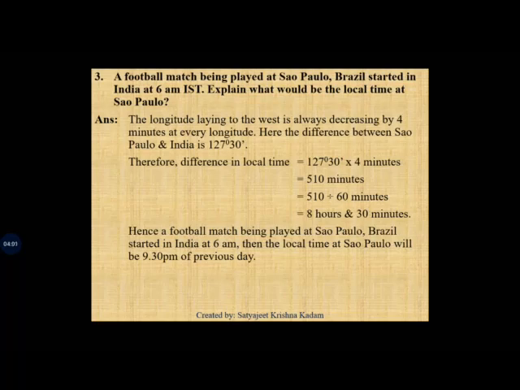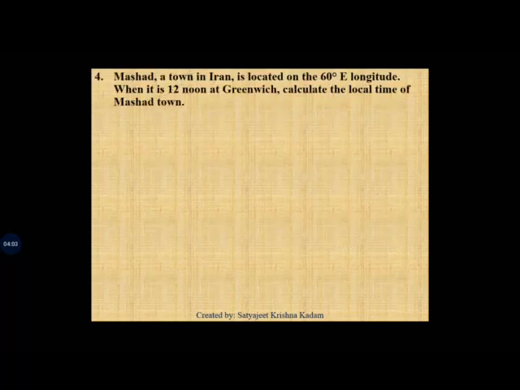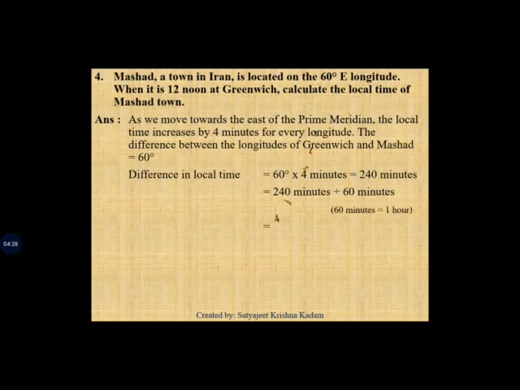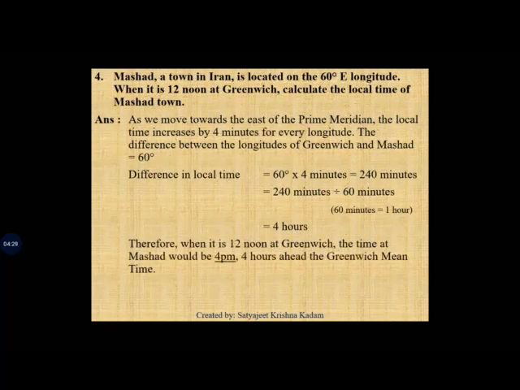Next, Mashhad, a town in Iran, is located on the 60 degree east longitude. When it is 12 noon at Greenwich, calculate the local time of Mashhad town. Answer. As we move towards the east of the prime meridian, the local time increases by 4 minutes for every longitude. The difference between the longitude of Greenwich and Mashhad is equal to 60 degree.